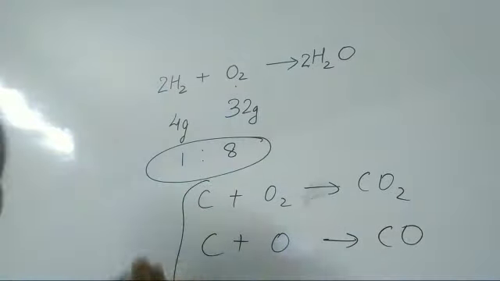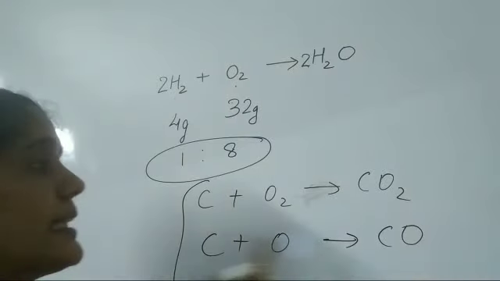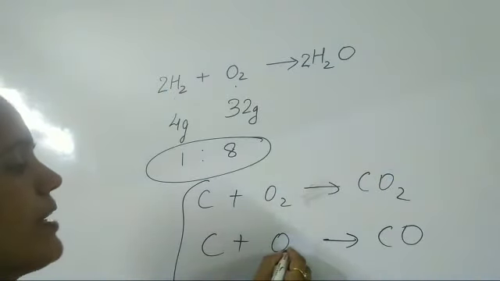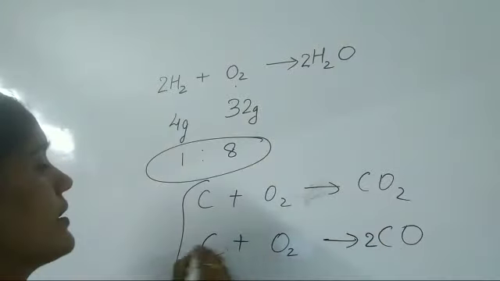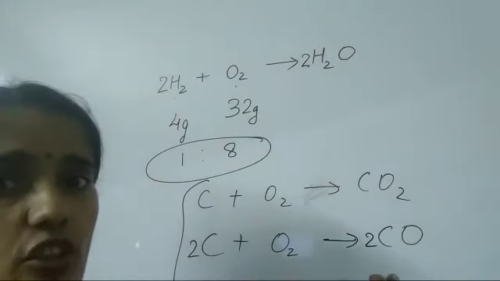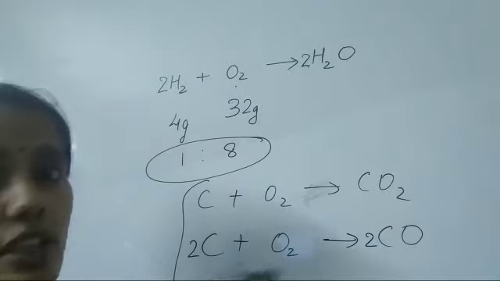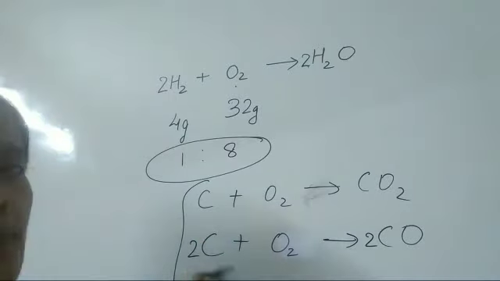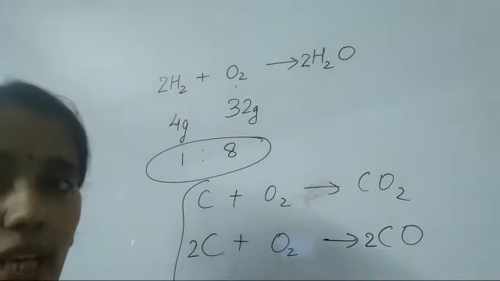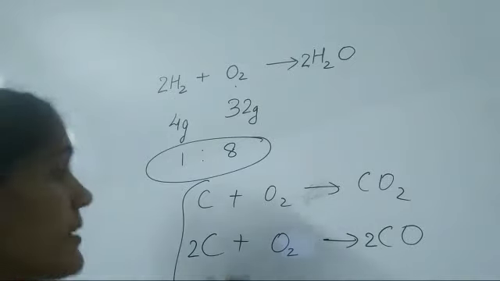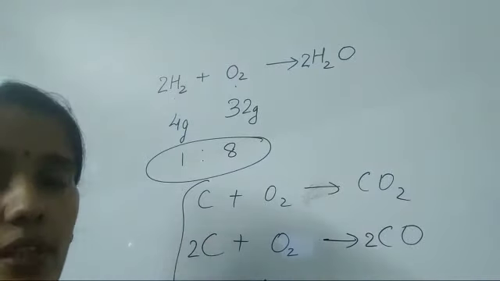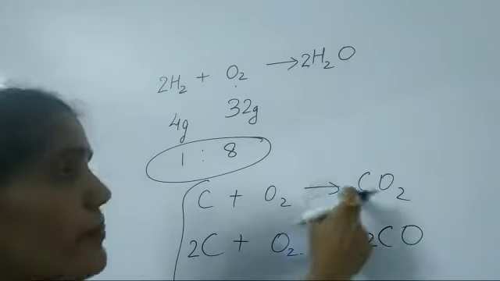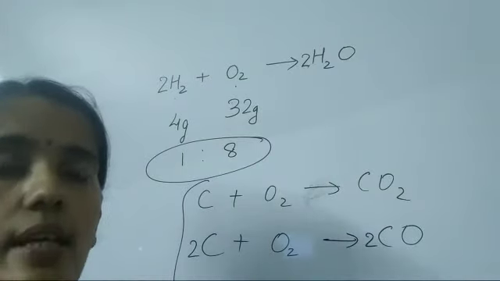From this example, you can easily identify what will be the difference in the formation of product if I change the ratio. Okay, with the help of this example, you will be able to show that if the ratio of the reactants is changed, the product formed is always different.